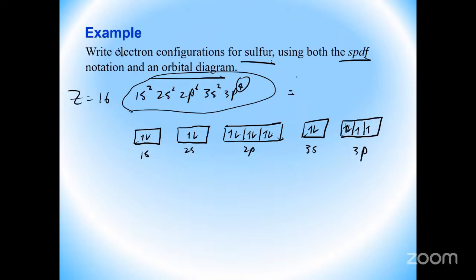Neon. So what's the electronic configuration of neon? It's going to be this right here, because neon has an atomic number of 10. 6 plus 4, 10. So the abbreviated version would be this. And that's how that is done.